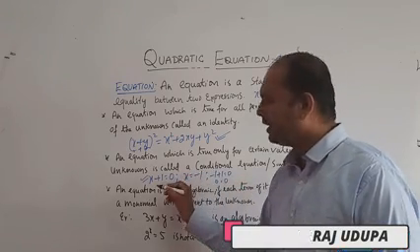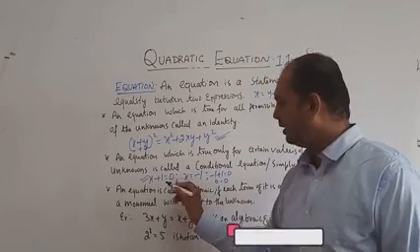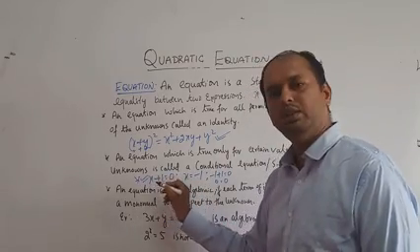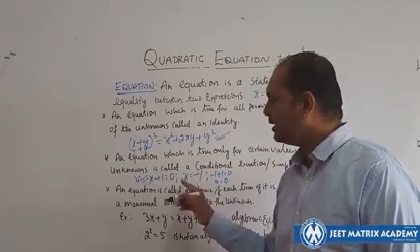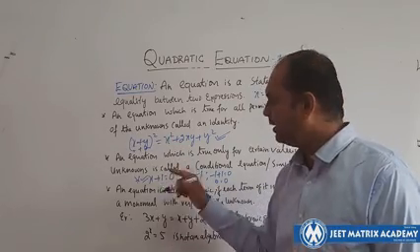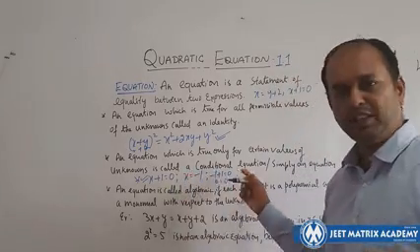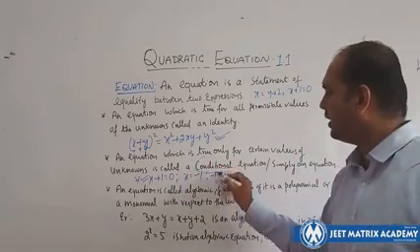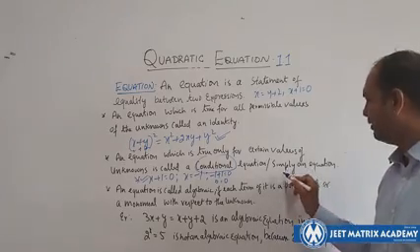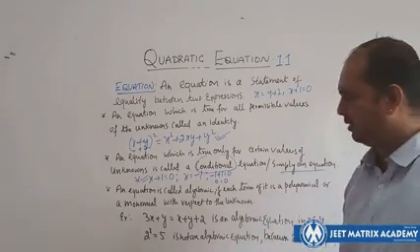If you put any value other than minus 1, the equation is not true. This is the difference between an identity and a conditional equation, which is also sometimes simply called an equation.